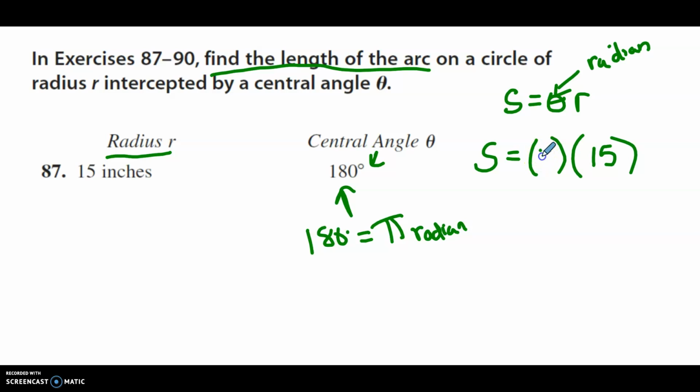So I can just go ahead and say this is pi. And so therefore my arc is just 15 pi. Now, for our class, you'll leave it like this, but say this was the SAT and they gave you choices, you could just type in 15 times pi in your calculator and it's going to give you 47 point, maybe they say to the nearest tenth, 47.1 is the length.